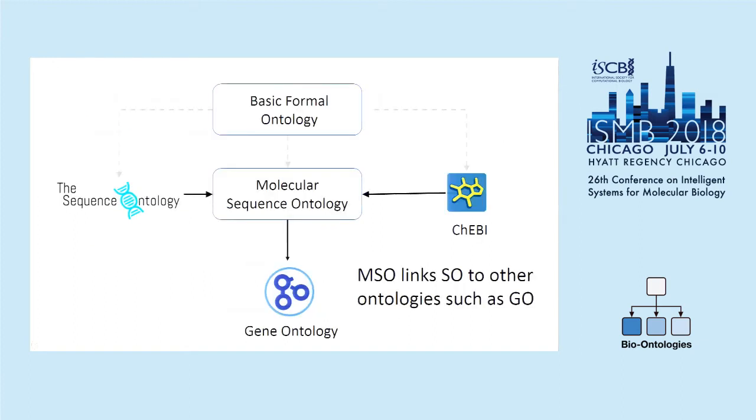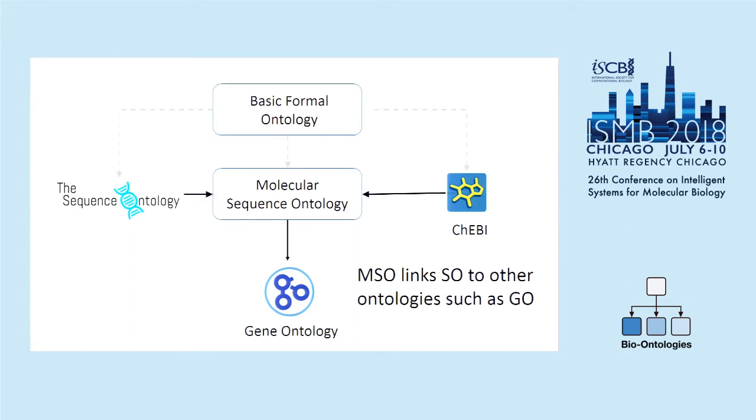It's very important here. But the upshot of the molecular sequence ontology is that by creating it and making this logical connection via the generic dependence with the MSO, we bring the SO out of its silo. It was very siloed in terms of a data source. It could not interact with GO or any other molecular-based ontologies.